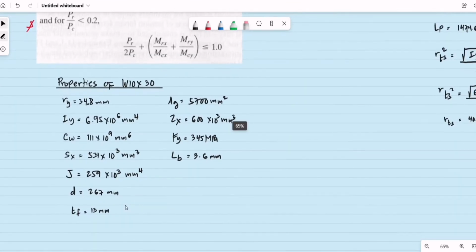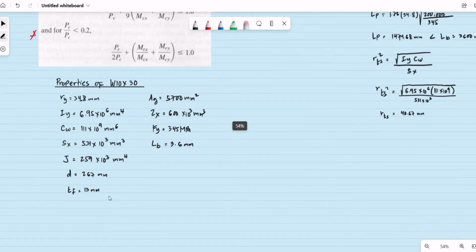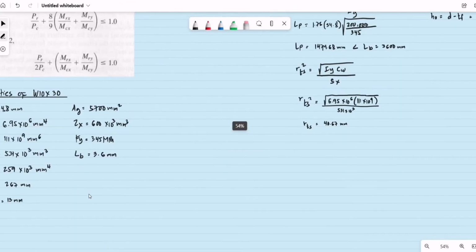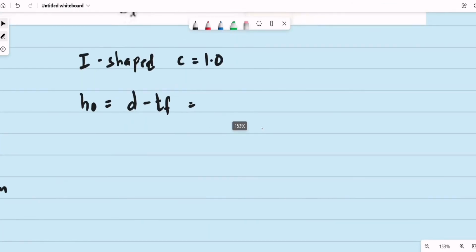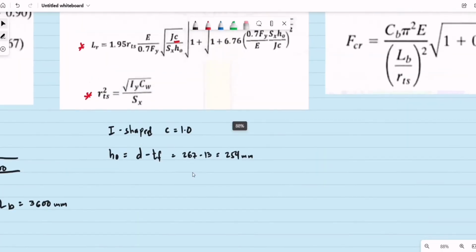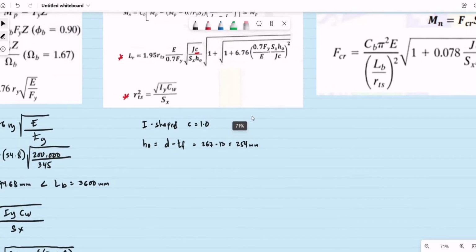So the total depth of the section is 267 millimeters, and the thickness of the flange of W10 by 30 is 13 millimeters. So this is equal to 267 millimeters less 13, which is 254 mm. So I think the elements of this formula are complete. So we can now substitute.